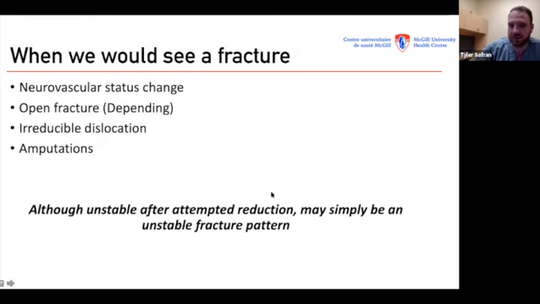When would we need to see a fracture? If there's a neurovascular status change. I've seen this before, especially in the pediatric population. I was on call one night and I got a call saying that the patient had a fracture. It was a proximal phalanx fracture, and they had neurovascular compromise. As usual, we're always like, are you sure? But when they put the saturation probe, they were unable to get a saturation of the digit.